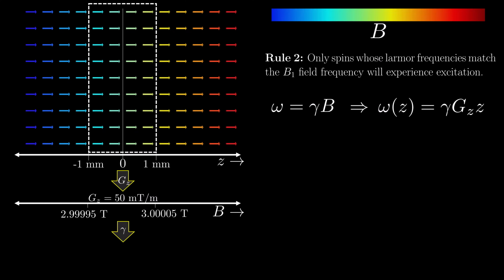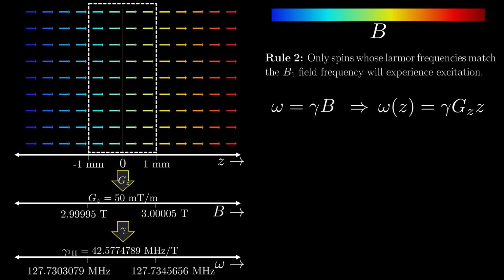In turn, the gyromagnetic ratio of the spins assigns precession frequencies omega to each magnetic field strength. So for protons of gyromagnetic ratio 42.577479 MHz per Tesla, the left and right edges of our slices are at these respective frequencies.